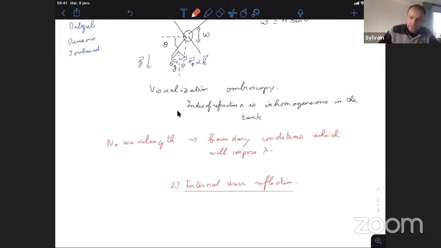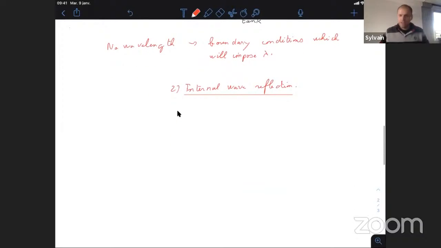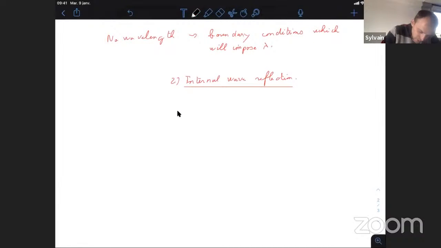Maybe Thierry said some words on internal wave reflection this morning. I will just recall what happens. We look at the reflection of internal waves on a slope.